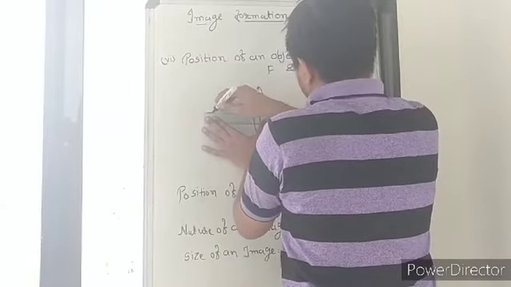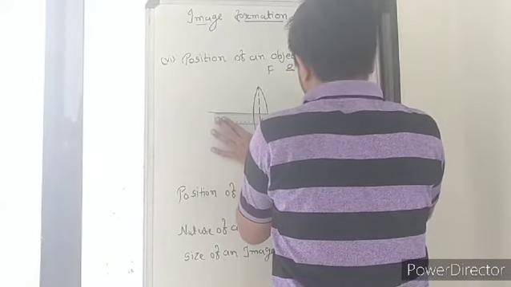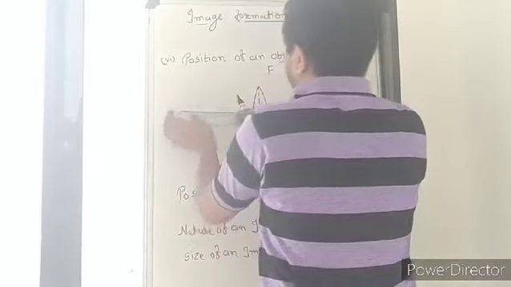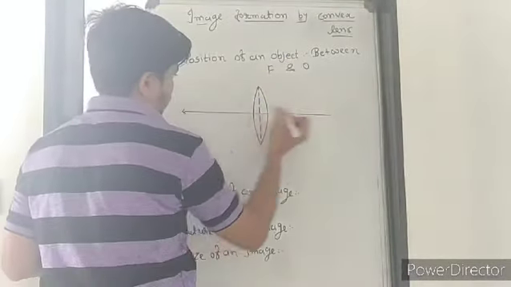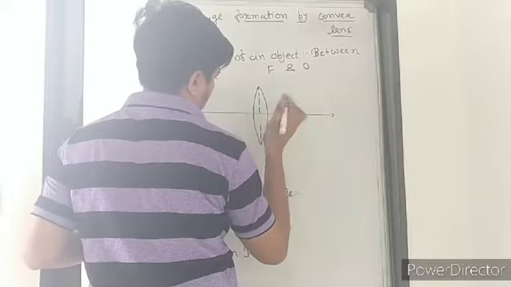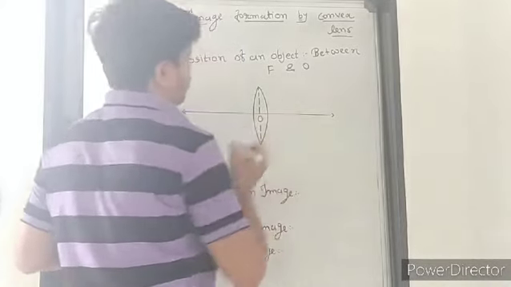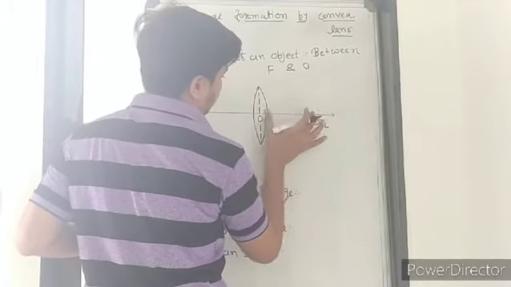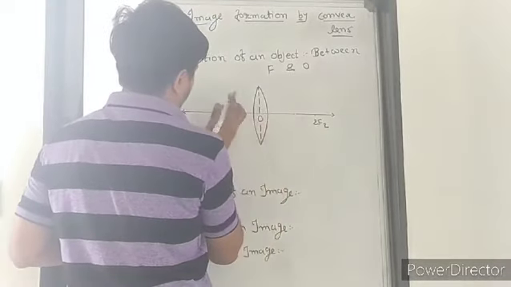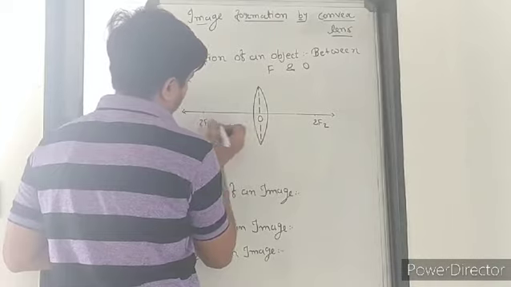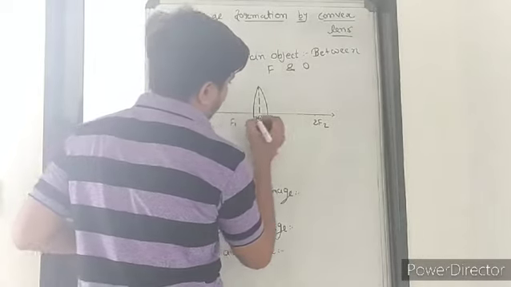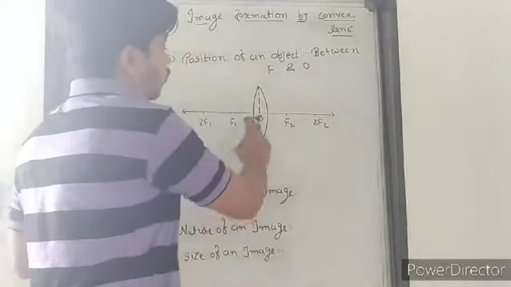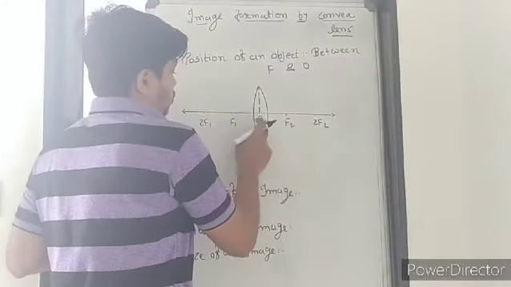Convex lens, principal axis. Optical center. 2F2, 2F1, F1, F. Exactly the center of O and 2F2, F2.